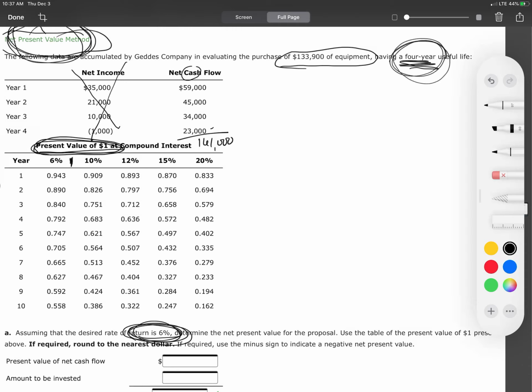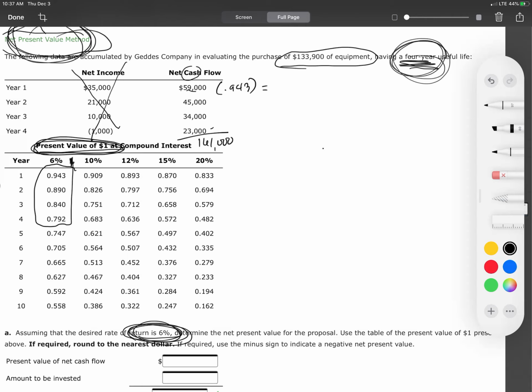And it says the investment will last for 4 years. We're going to take these 4 factors and multiply them by the cash flows, 0.943. And by the way, it's assumed in this exercise that we will receive the $59,000 1 year in the future. And that's why we're going to discount that to the present.